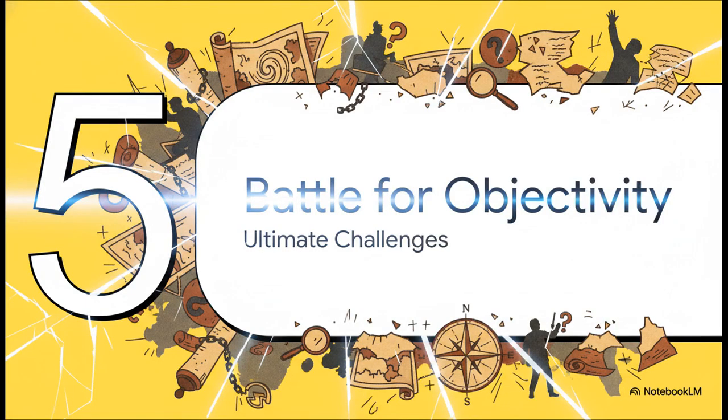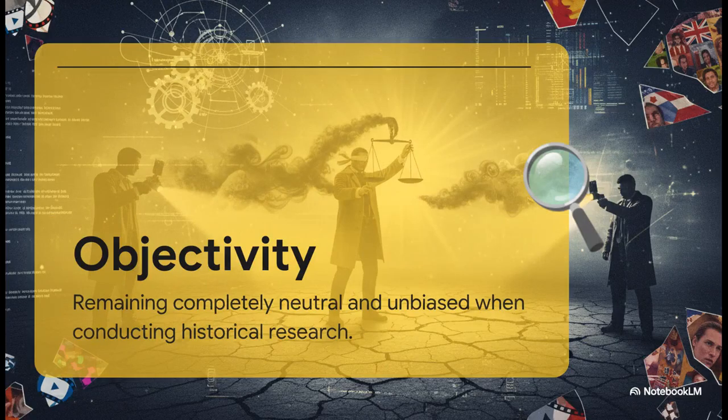Section 5. The battle for objectivity. We are nearing the climax of our explainer. Because look, even if you have the best research design, the best sources, and totally flawless formatting, there are ultimate challenges that can ruin an entire investigation. And the greatest of these is the battle for objectivity. This is the critical issue of remaining completely neutral and unbiased.